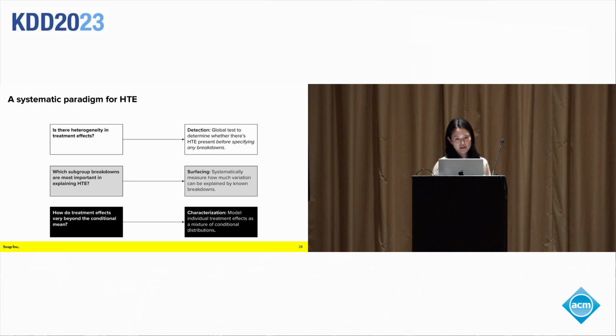So we systematically measure how much variation can be explained by known breakdowns. And finally, we answer the question: how does the treatment effect vary beyond the conditional mean? We model individual treatment effects as a mixture of conditional distributions to answer this question.